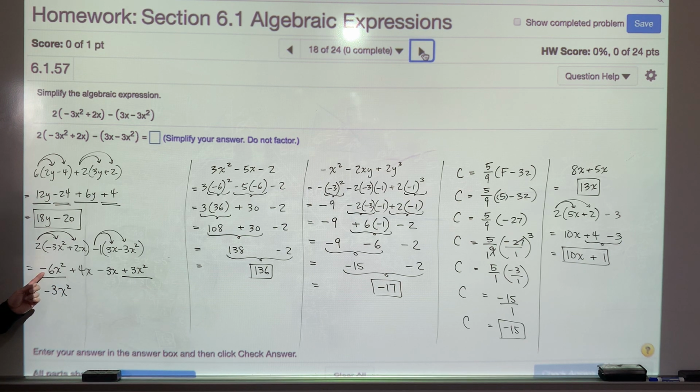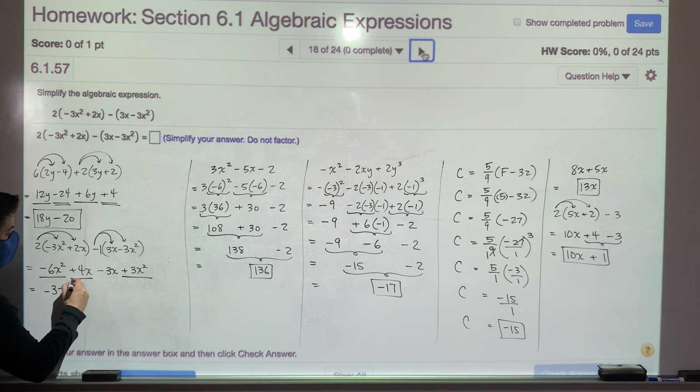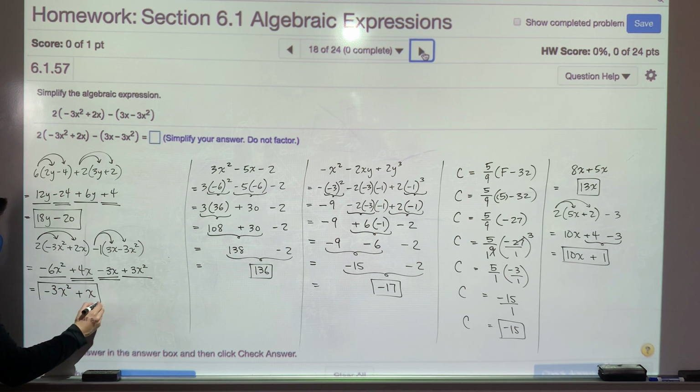Why? Because negative 6 plus 3 would be negative 3, and they are x squared terms, so they remain x squared terms. Let's go do the other ones. Positive 4x minus 3x is going to lead to just a positive 1x, or just x, and that's all there is to that problem.